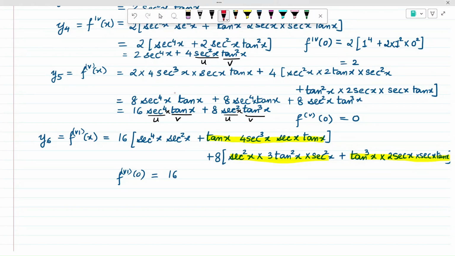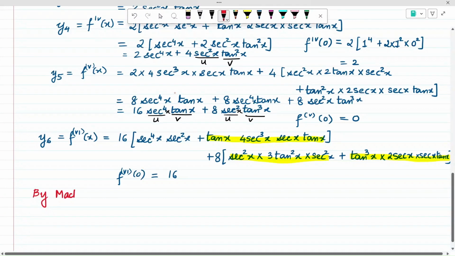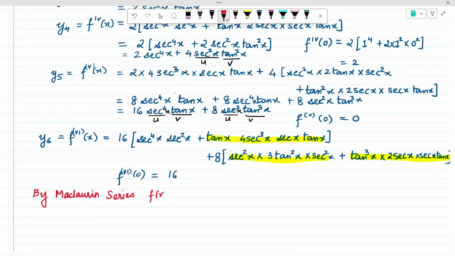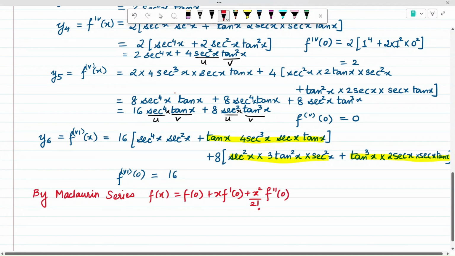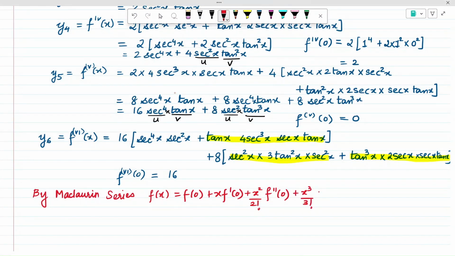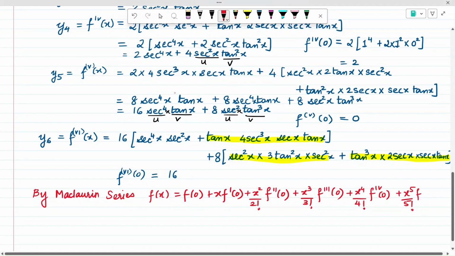Now let's apply the Maclaurin series. My f of x would be f of 0, plus x f dash of 0, plus x square by 2 factorial f double dash, plus x cube by 3 factorial f triple dash, plus x raised to 4 by 4 factorial fourth order derivative, plus x raised to 5 by 5 factorial fifth order derivative, and x raised to 6 by 6 factorial sixth order derivative, and so on.